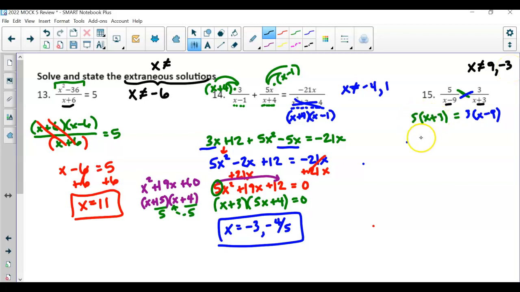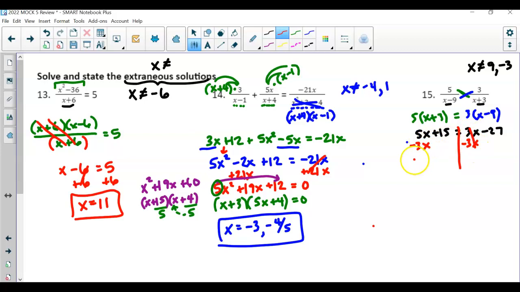I'm going to distribute 5, so this is now 5x plus 15, which is equal to, distribute 3 here, 3x minus 27. Now notice we're not solving a quadratic, no need to equal 0 or anything, right? Because this is just solving a linear equation. So I'm going to gather my variables, subtract 3x from both sides.